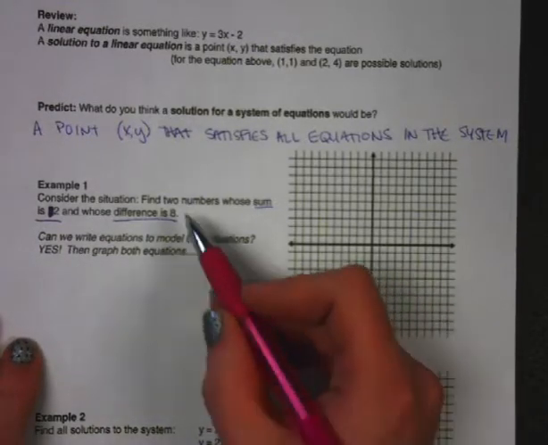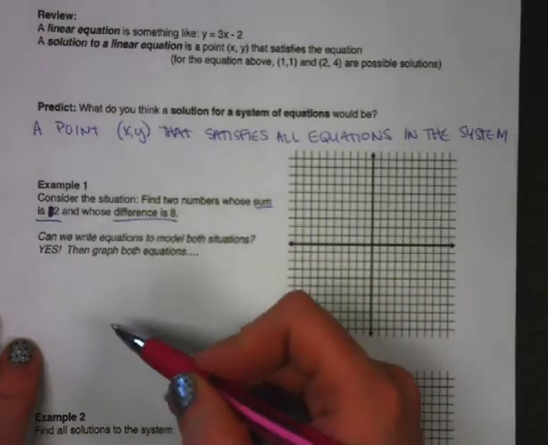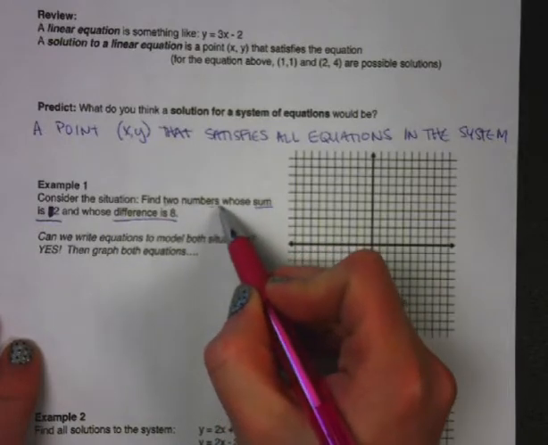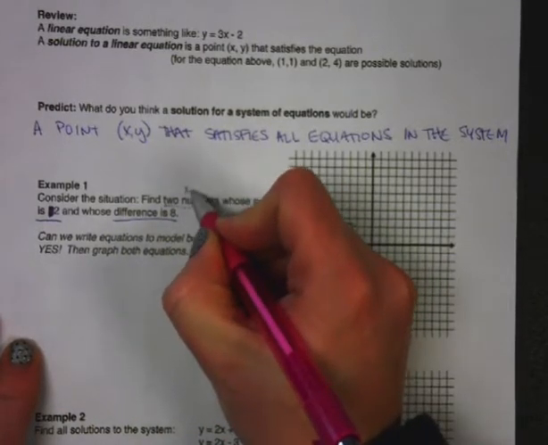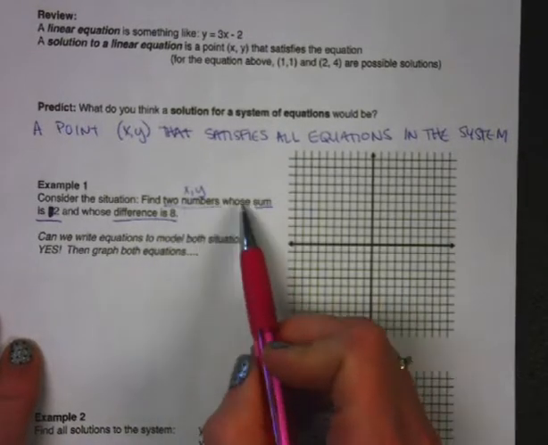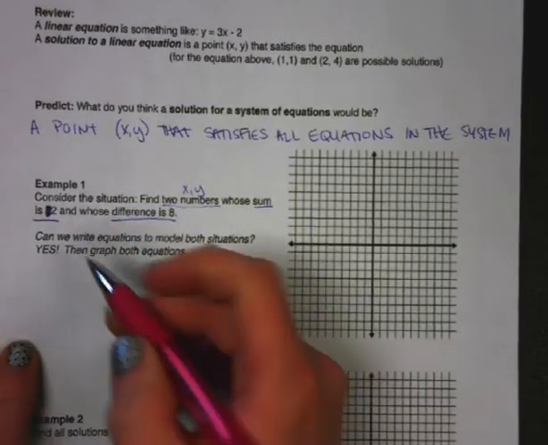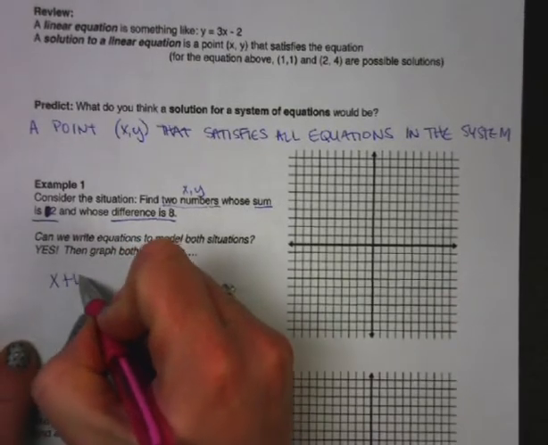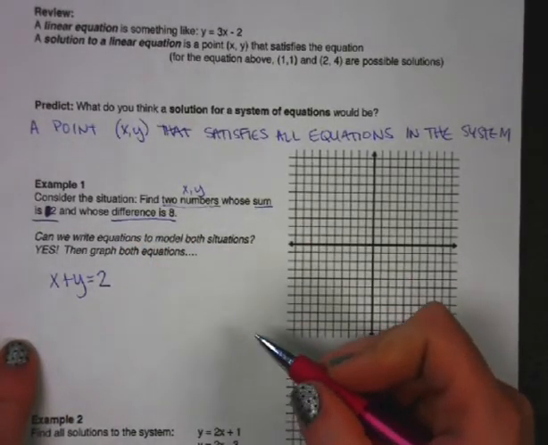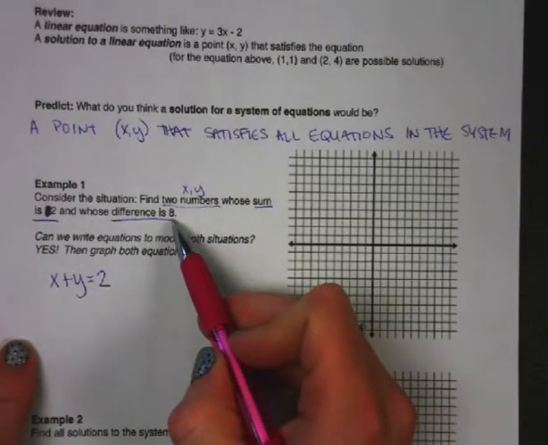Okay, so I always try to figure out what 2 variables am I going to use that represent the 2 things I'm trying to find. I'm trying to find 2 numbers, so I'm just going to use x and y for those 2 numbers. And I know one condition is saying their sum is 2. Easy enough. Okay, what would the other condition be? Their difference is y.